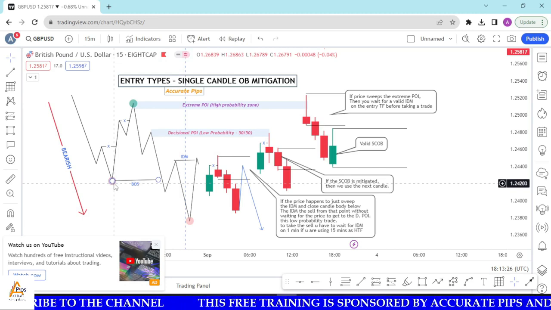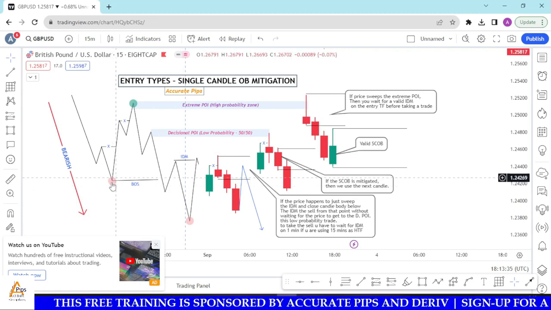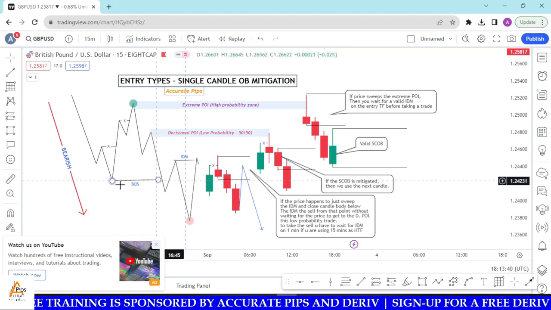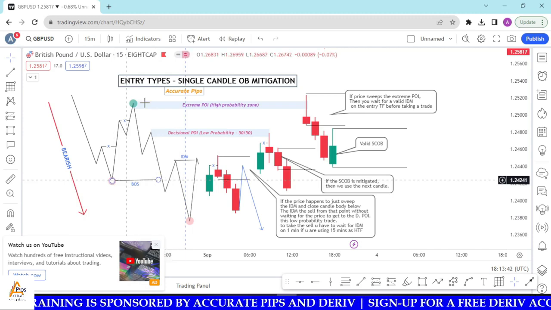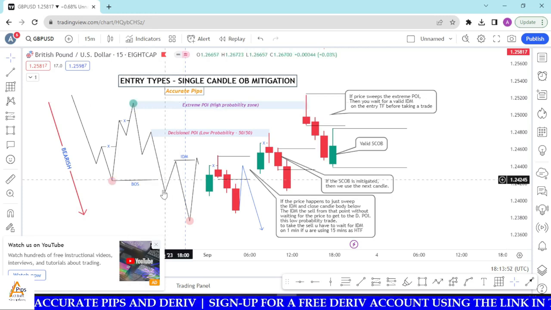Once this inducement is taken out, then our low here is validated. Now, you only validate this break of structure when the high that was created takes this low and a candle body closes below it. So here the candle body closes below this.